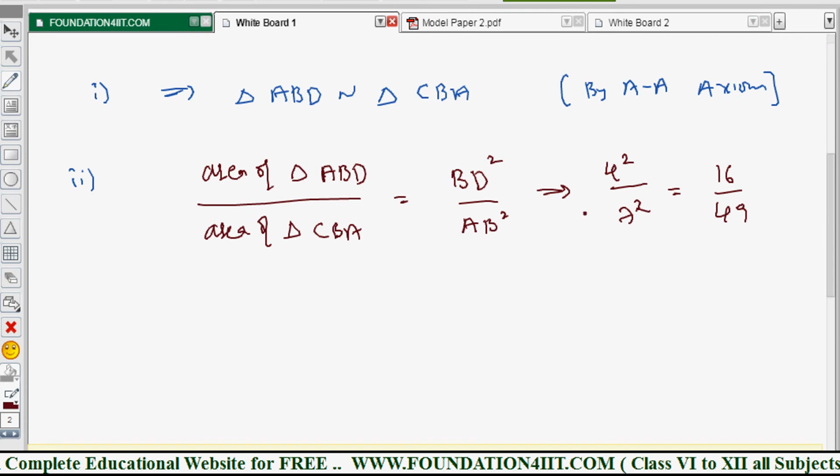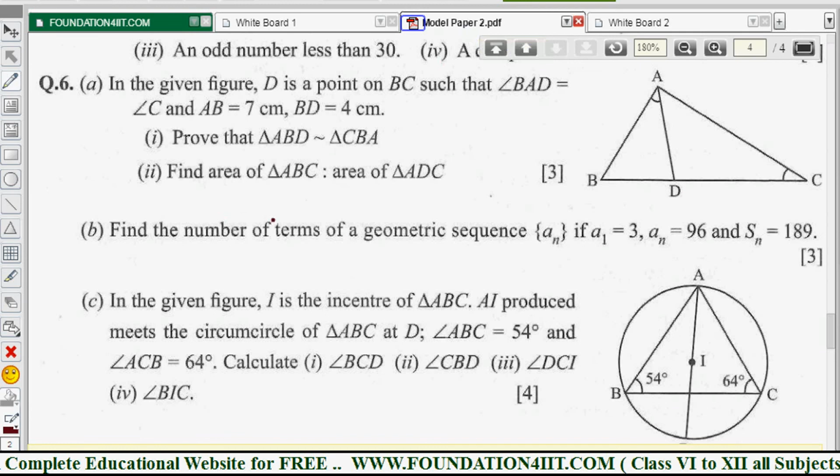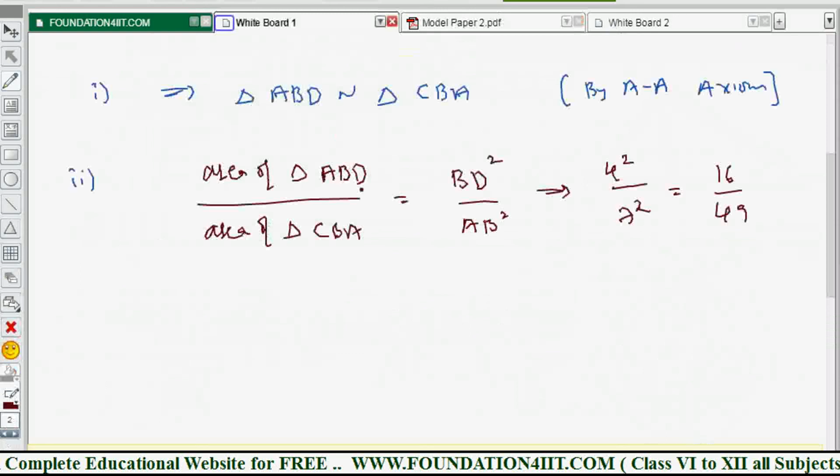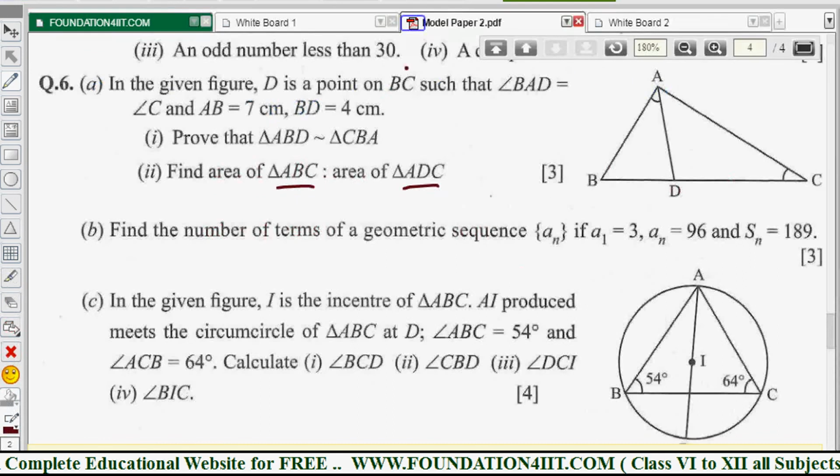From these values, we need to find the area of ABC by the area of ADC.